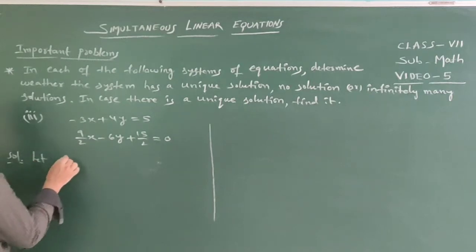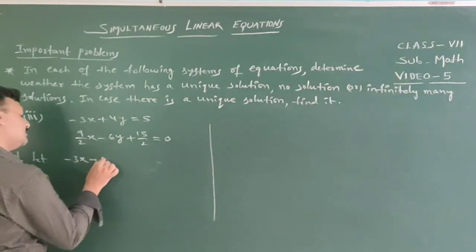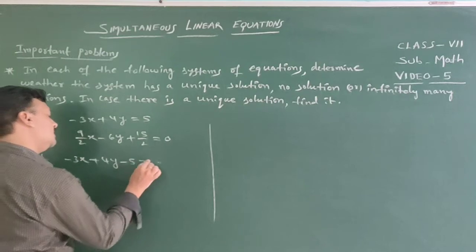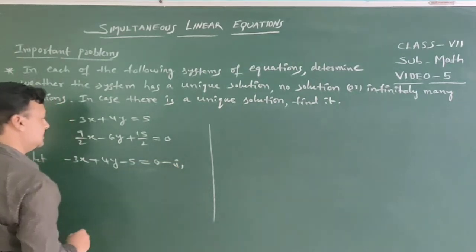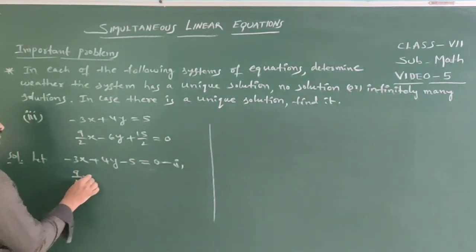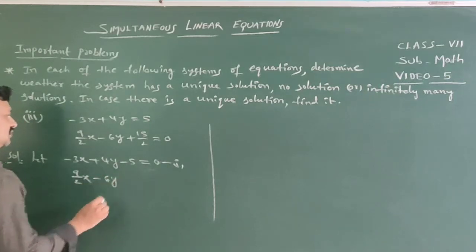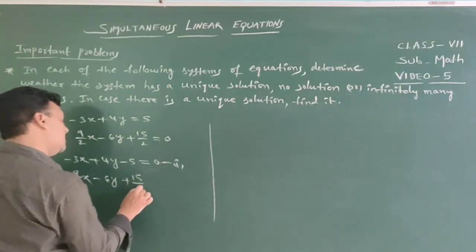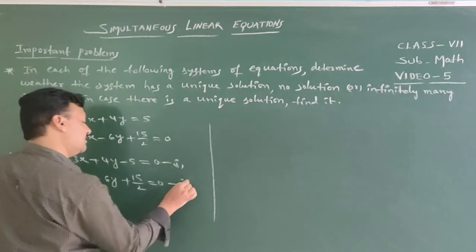Let minus 3x plus 4y minus 5 equal to 0 be the first equation, and 9 by 2x minus 6y plus 15 by 2 equal to 0 be the second equation.